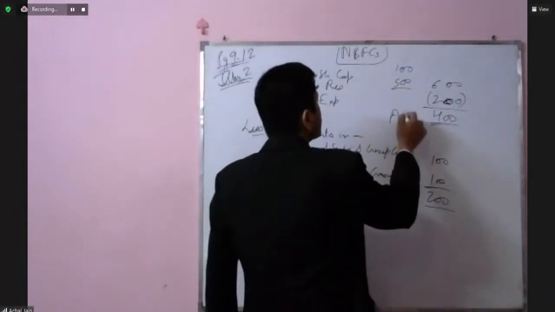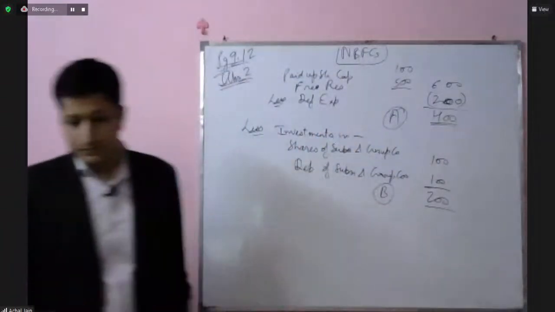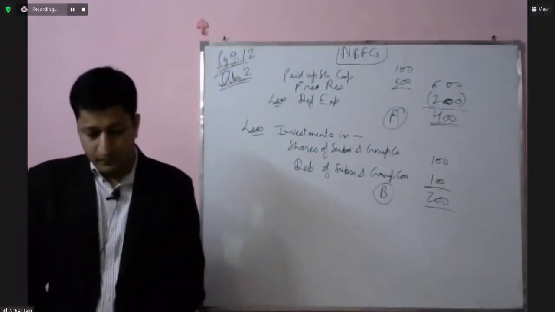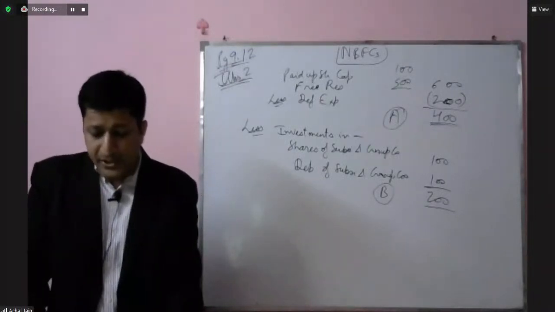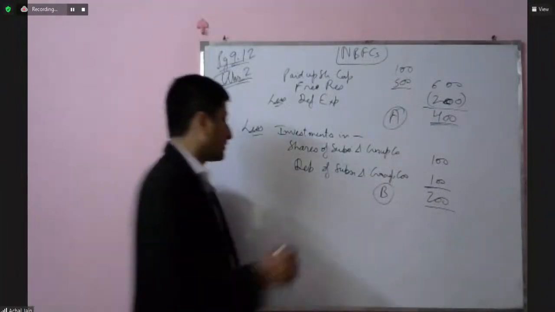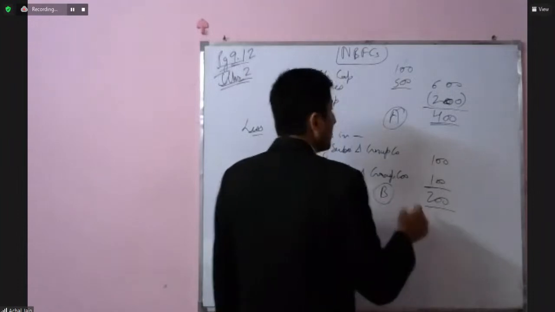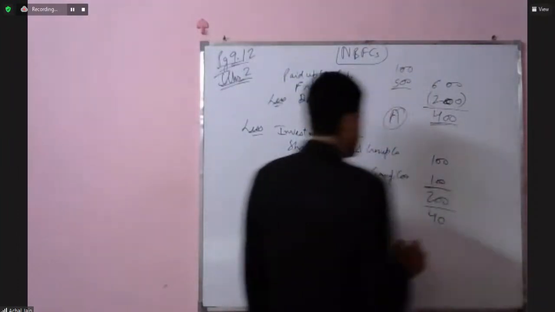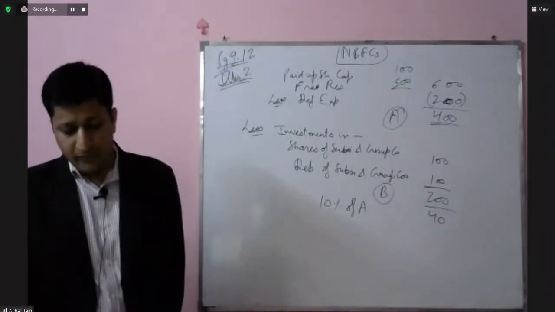Now we can say this is A and this is B. Now what is 10% of own fund? 10% of A is 40. Yeah, 10% of own fund is 40.